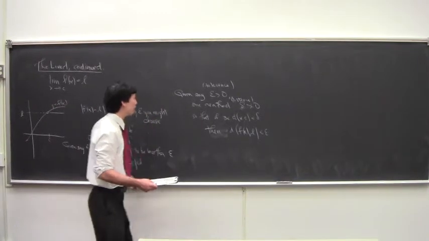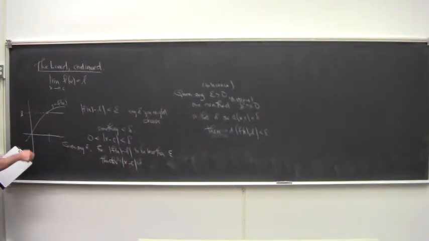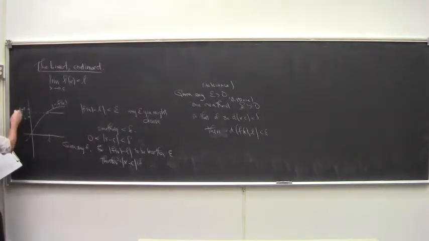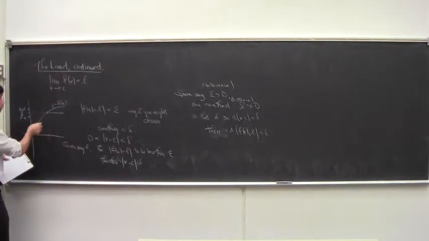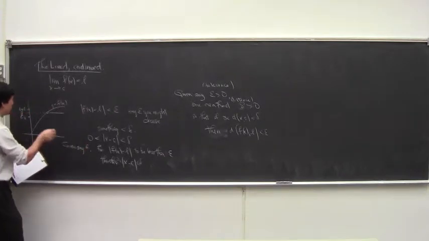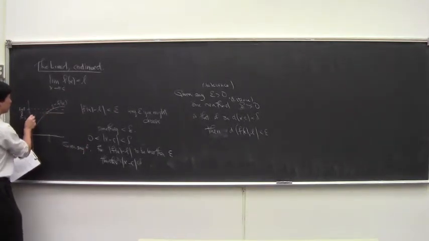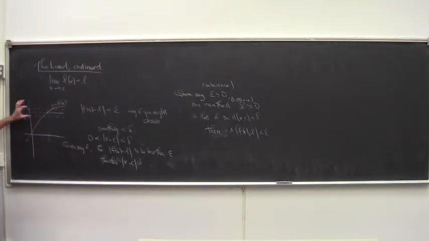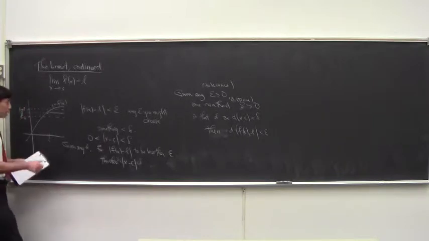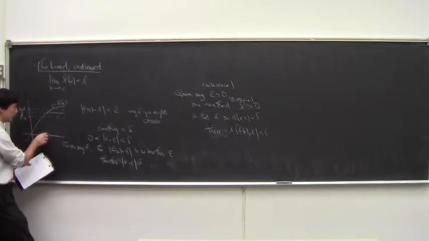This is the idea, right? Given any tolerance epsilon, one can find a distance delta. So somebody gives you, no matter what, a pair of bars centered around L. There's a distance to c that we call delta.